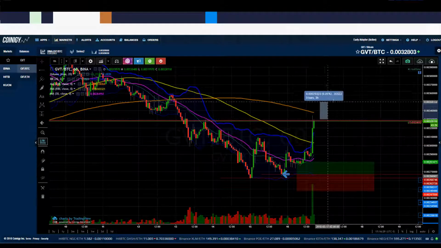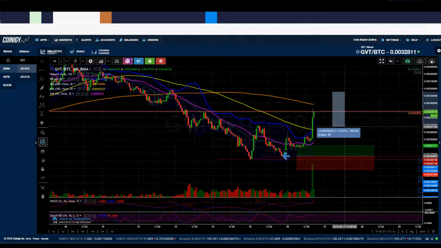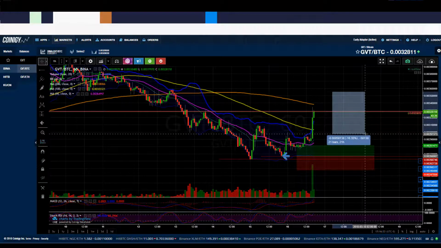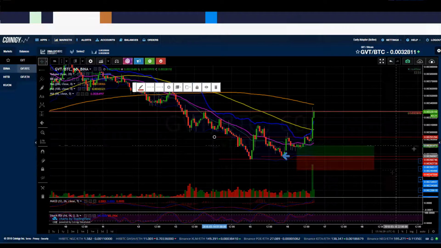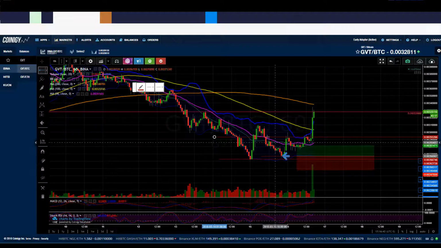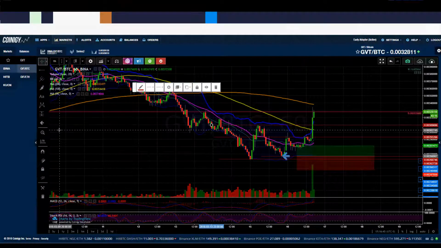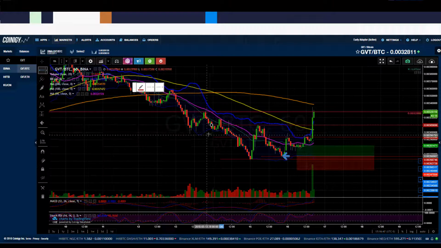Maybe it might shoot up here, and then it might retrace back half, or not half, but to this level. So what you will be watching for is this support level, this range. You'll be looking at this range, and we're in the middle of this.